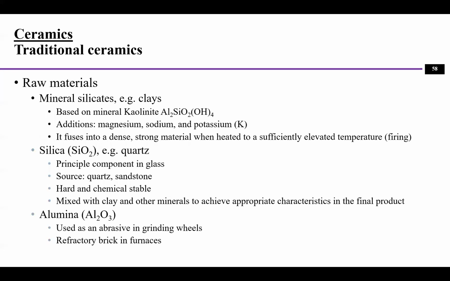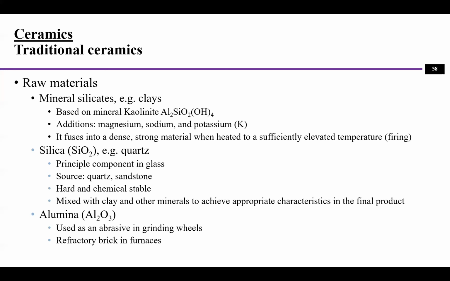We already talked a bit about this, and so ceramics typically have traditional ceramics and also new ceramics. But there's not really a clear distinction between all of those. Traditional ceramics, typically you can see them as silica or alumina. We can use those to make our cooking wares, right?